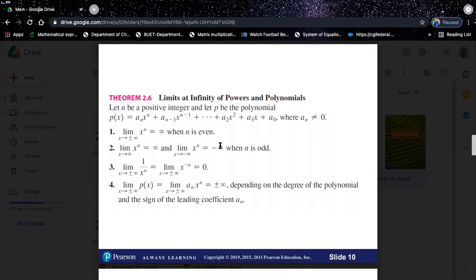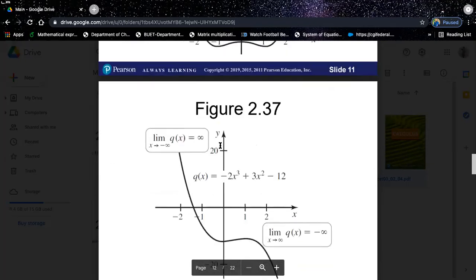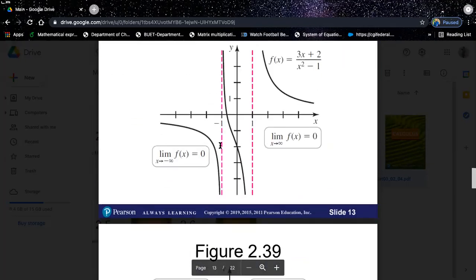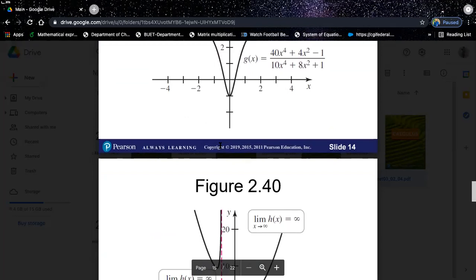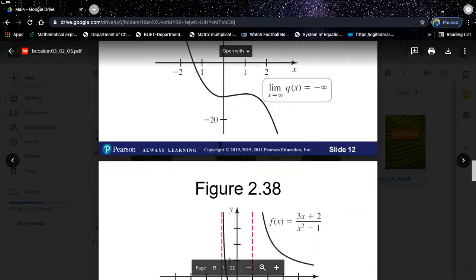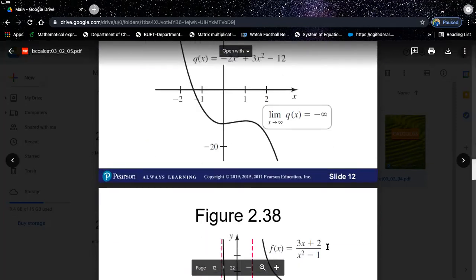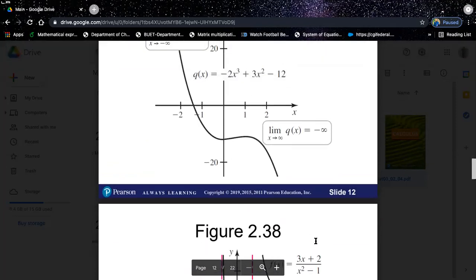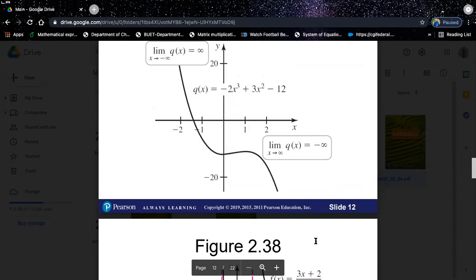All right, so let's see one example of a polynomial, and then we'll come back to it. Okay, so let's say this one. Let's just consider the numerator. Can you see the numerator? 3x plus 2.